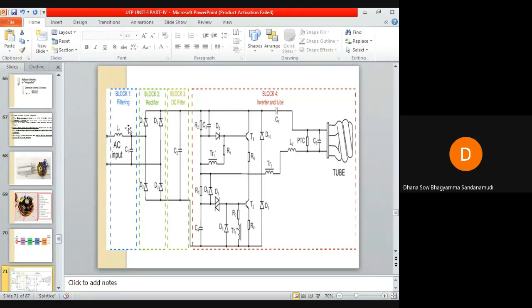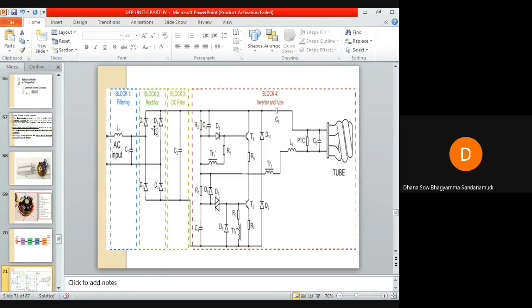You can see a series inductor and a capacitor in parallel. These two will block the electromagnetic interferences from the input. If there are any electromagnetic interferences from the input supply, then the series inductor and the parallel capacitor will block them. That is the purpose of this electromagnetic interference filter.